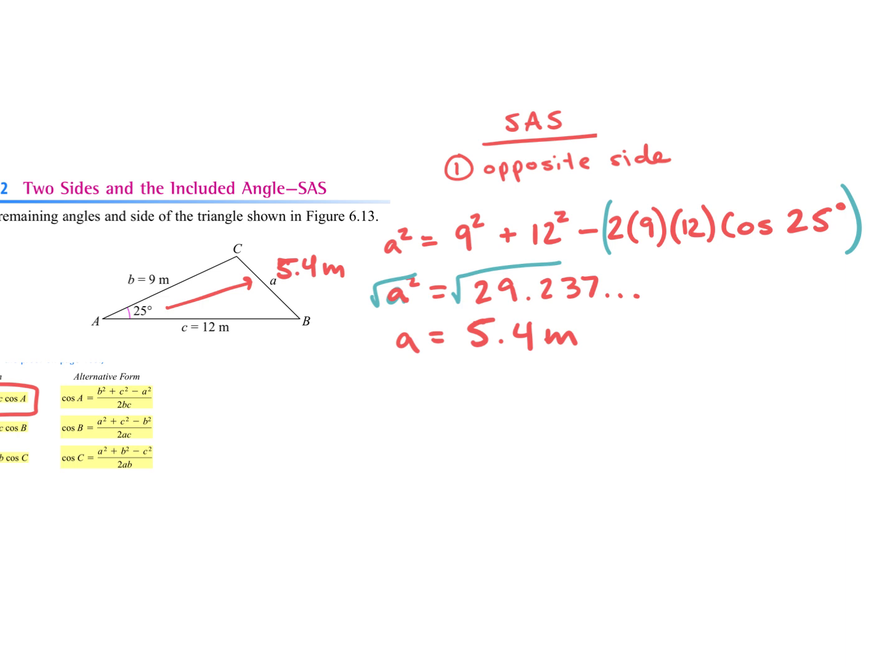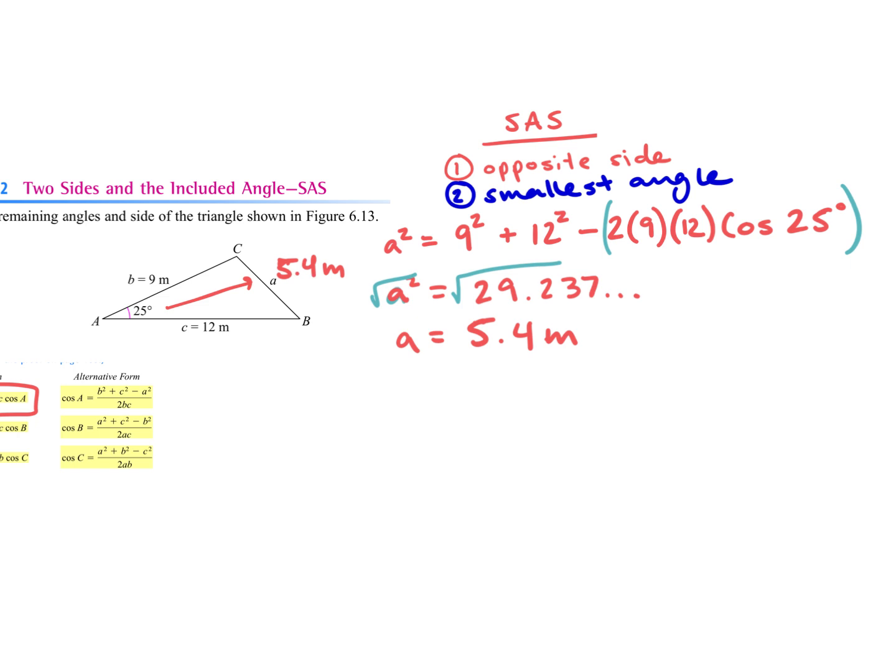All right, so in side angle side, when we have a side angle side that we're starting with, first thing you have to find is the opposite side. Second thing we have to find is the smallest angle. So in side, side, side, first thing we had to find was the largest angle. Second thing was the smallest angle.